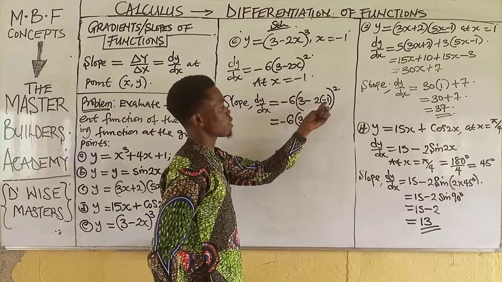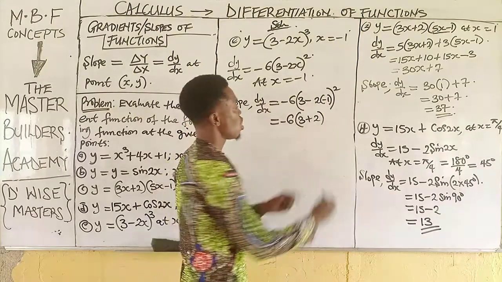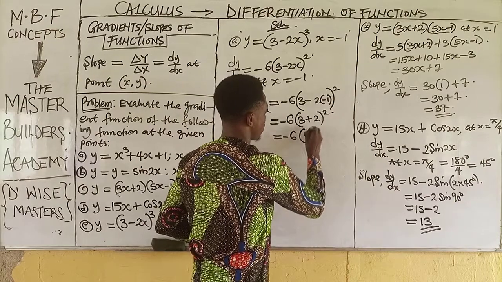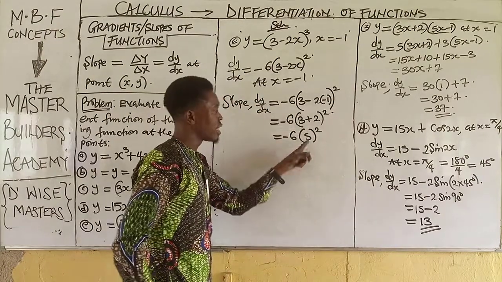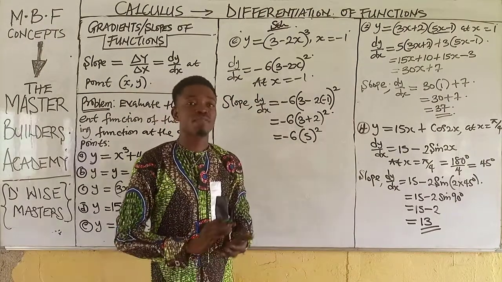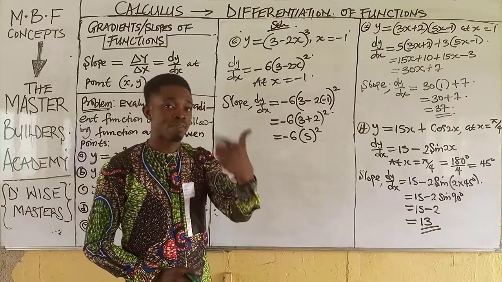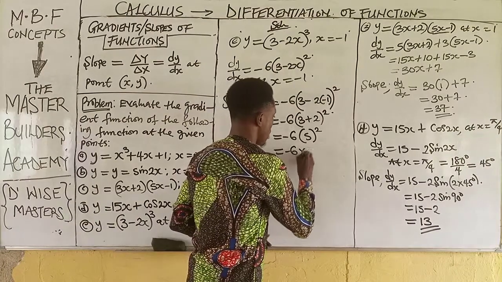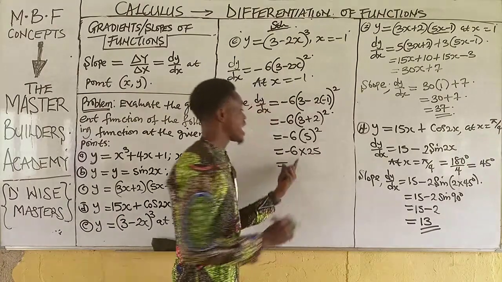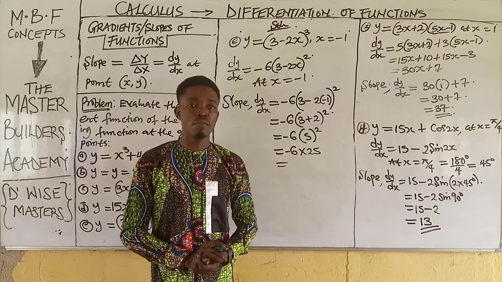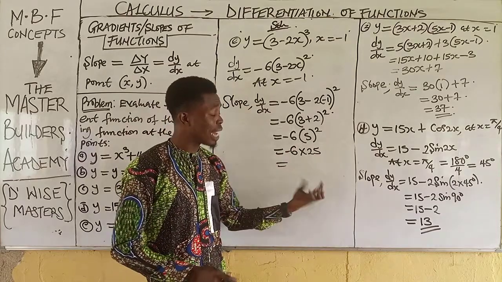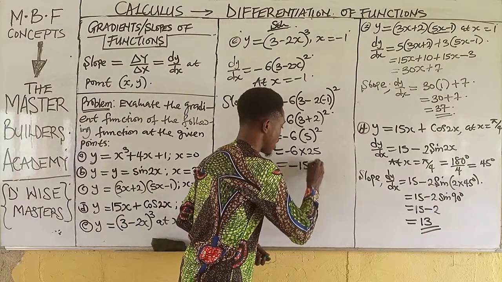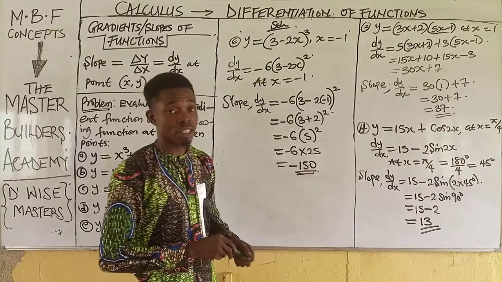Don't forget, negative 2 multiplied by negative 1 is positive 2, all raised to the power of 2. Then this will give us negative 6 into 5 raised to the power of 2. And don't forget, 5 raised to the power of 2 is 5 multiplied by 5, and 5 multiplied by 5 is 25. So I have this multiplied by 25. And negative 6 multiplied by 25 would have given us negative 150. So we have negative 150, with the units that you are given.